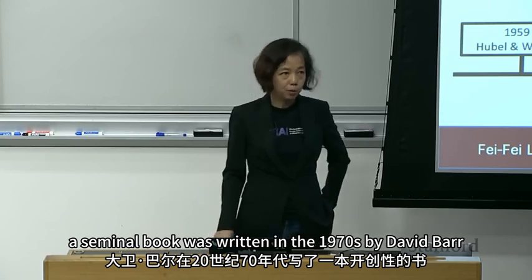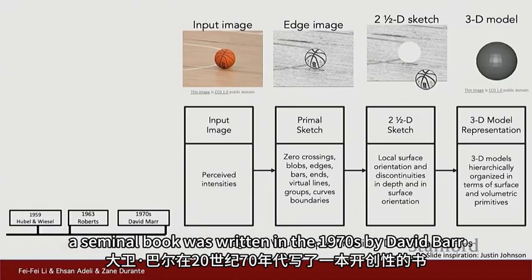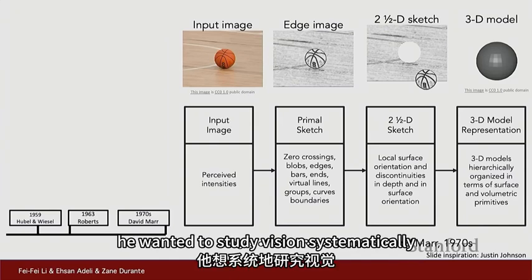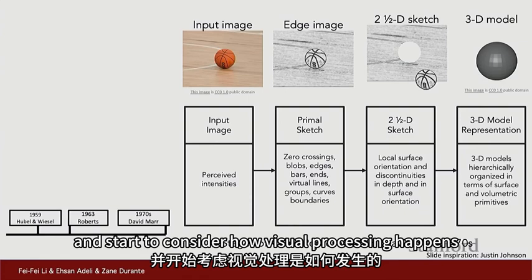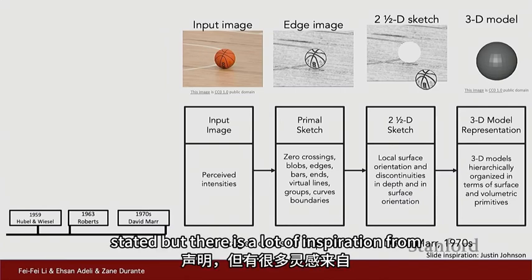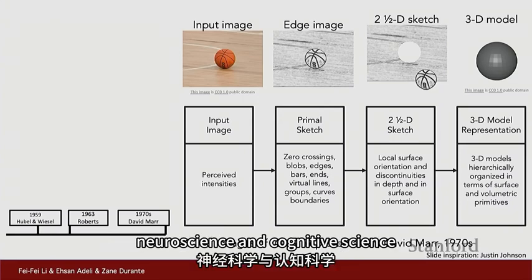A seminal book was written in the 1970s by David Marr, who unfortunately died too early. He wanted to study vision systematically and consider how visual processing happens. Even though it is not explicitly stated, there is a lot of inspiration from neuroscience and cognitive science.